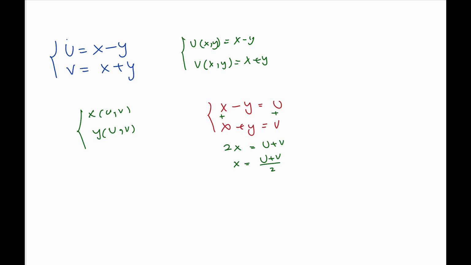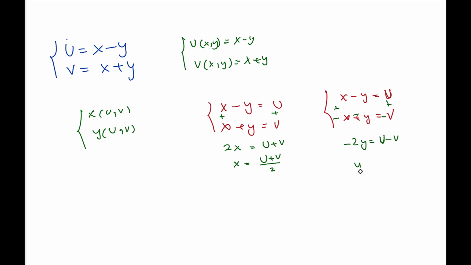And then I rewrite this again: x minus y equal to u, x plus y equal to v. This time around, I subtract. And so here it becomes minus, minus, and minus. So when I subtract, I get x minus x, which is 0, minus 2y is equal to u minus v.